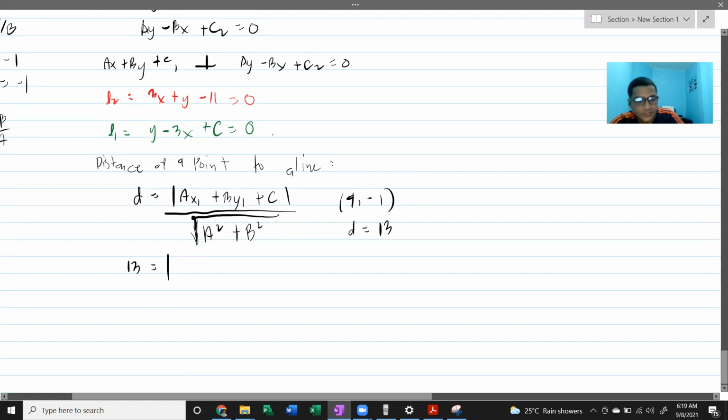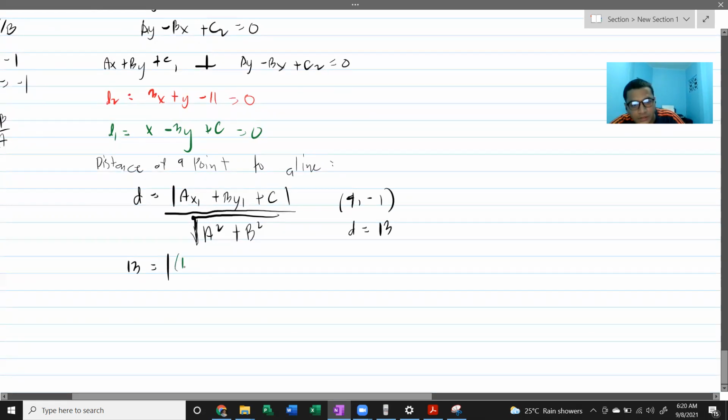let's just rearrange this class so that it is easier. Let's fix this. The equation must be x minus 3y plus c equals 0. Okay, so our a is 1.